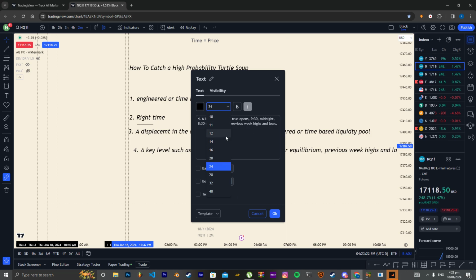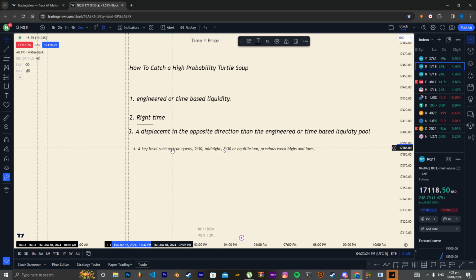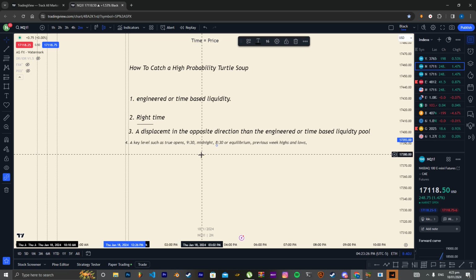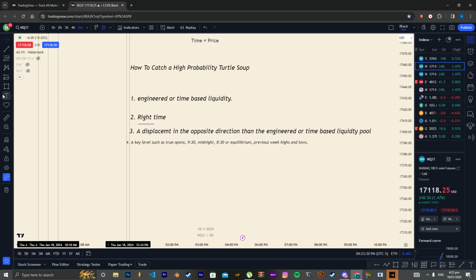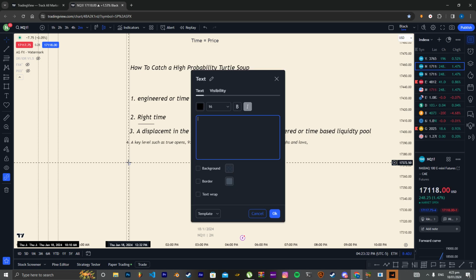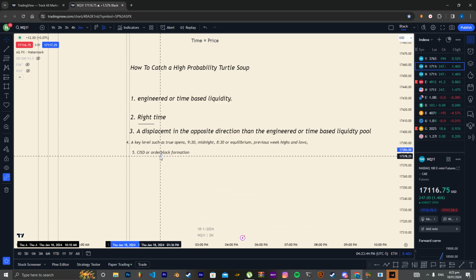We want to see stuff like that. We want to see a key level such as true open 9:30, midnight, 8:30, or equilibrium of previous week highs and lows, right? And then if you don't get the turtle soup entry, you can enter on a CISD, change in state of delivery, or order block formation.